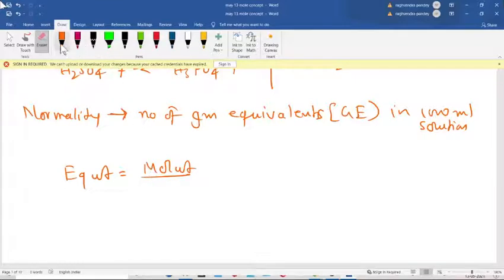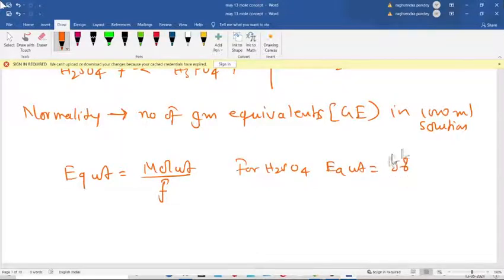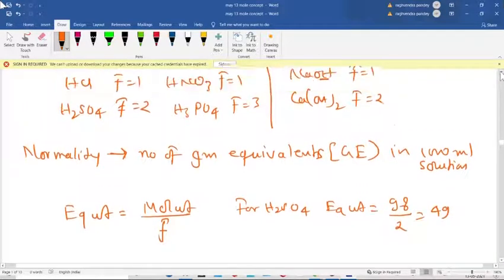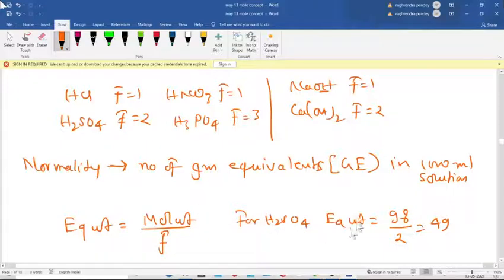We did this for valency, for oxides and carbonates, but valency is the same as F. Suppose for H2SO4, the equivalent weight is 98, the molecular weight of H2SO4, divided by 2, so it is 49. F is 2 for H2SO4, so that is the equivalent weight with respect to acid and base.